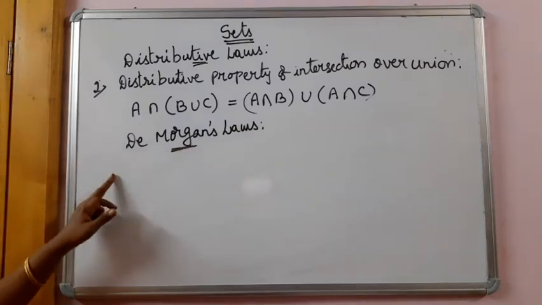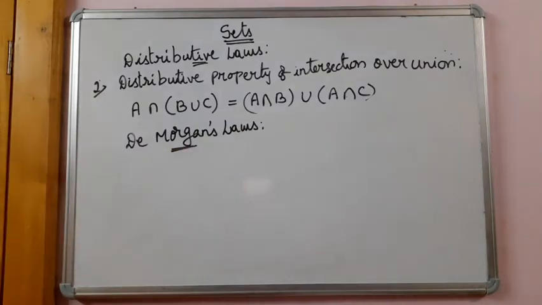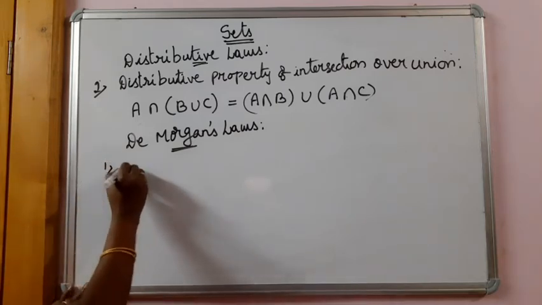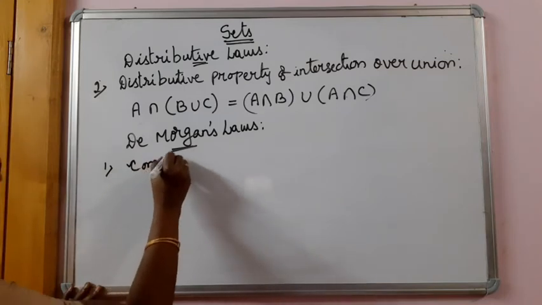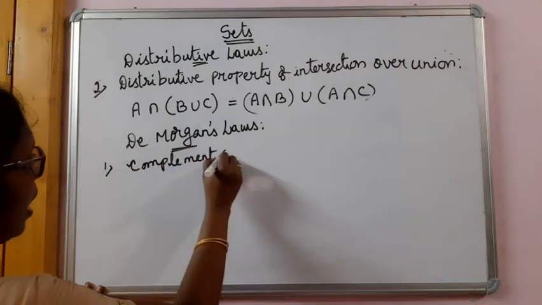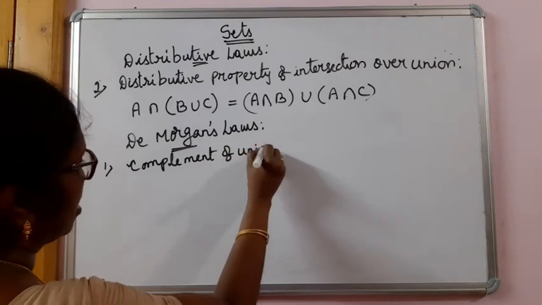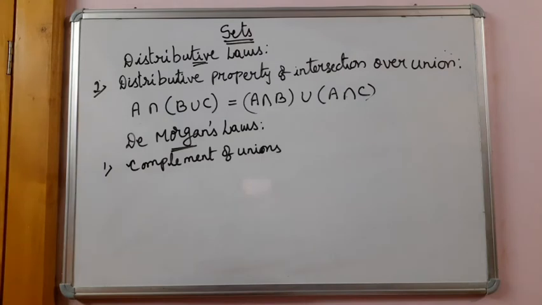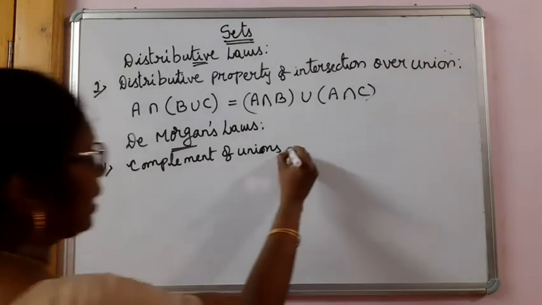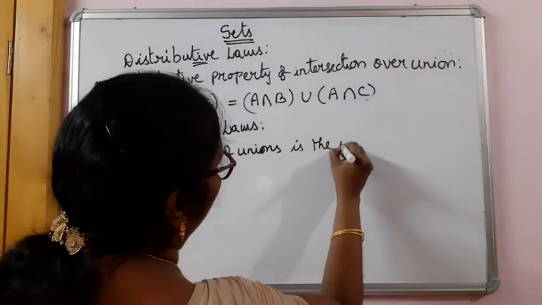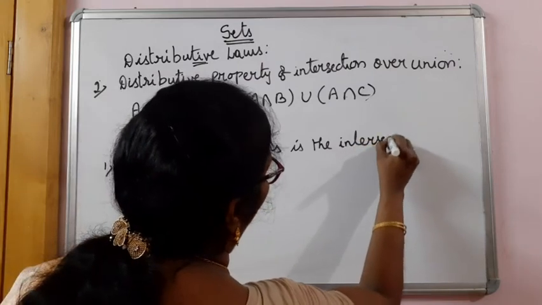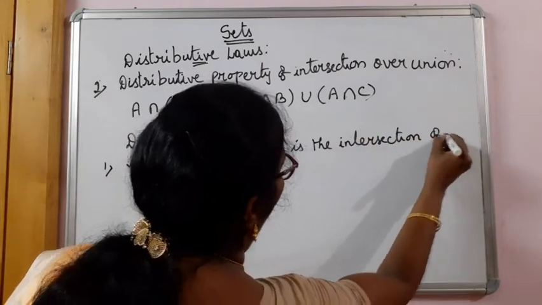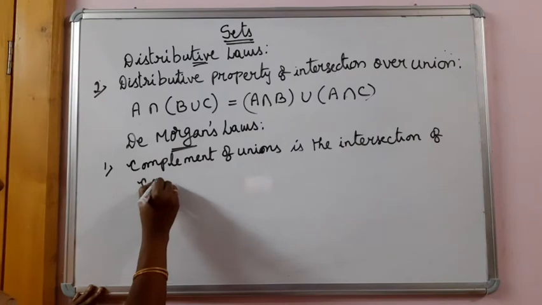A very interesting thing he found: the complement of unions, that means the union of sets, is the intersection of complements.